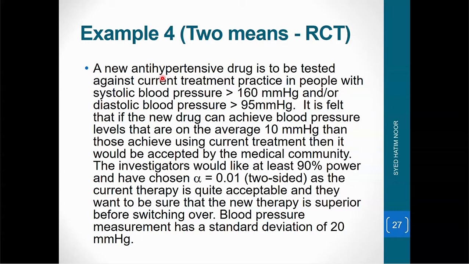They select those who have systolic blood pressure more than 160 and diastolic blood pressure more than 95, basically those who have hypertension. They want to compare the new drug with the current practice. So this is an RCT with two groups, one is the current, one is the new one.